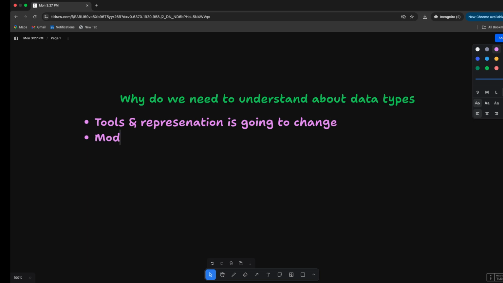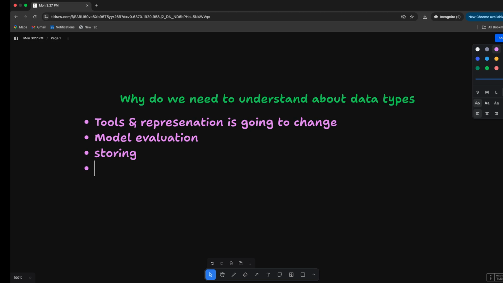Secondly, the model evaluation is going to change. The tools or the mathematical formulas that we use to evaluate the model will change. And third is how to store.